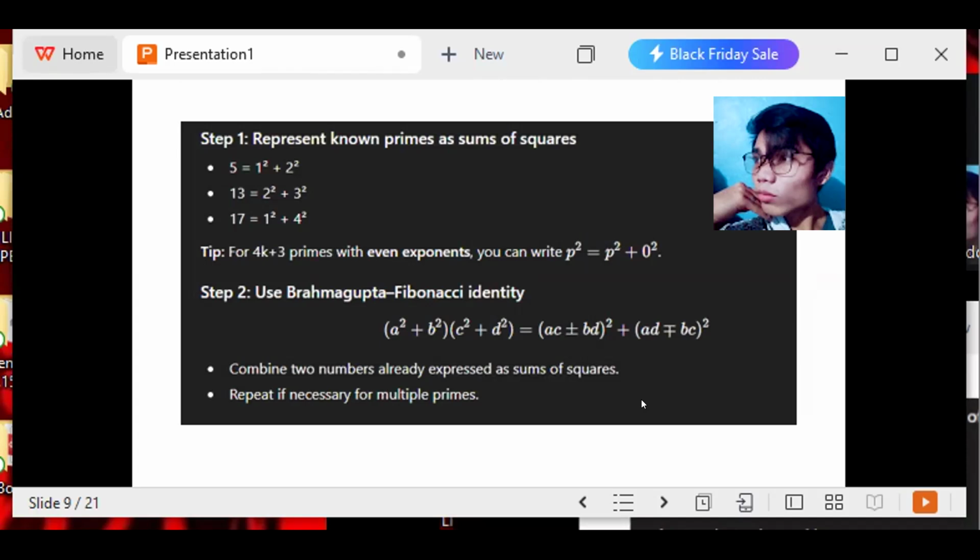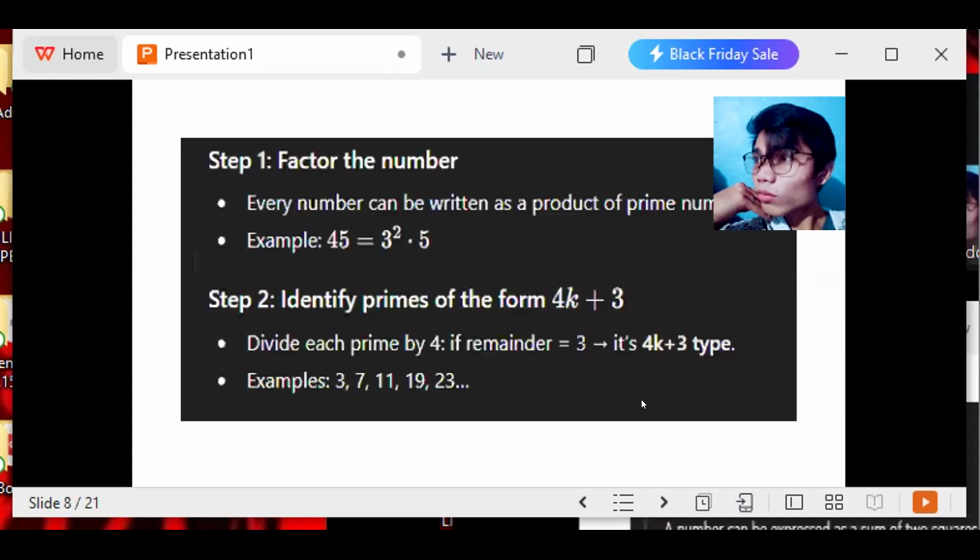So we have here a tip. For 4k plus 3 primes with even exponent, you can write it as p squared is equal to p squared plus 0 squared, where p is your prime number. So, like on the previous slide, we have here our 3 as the 4k plus 3 type.